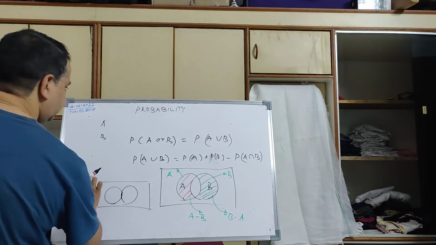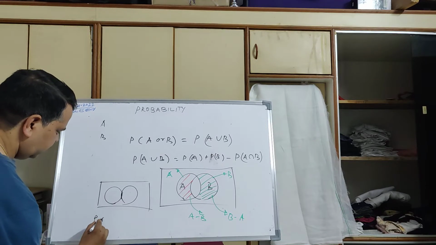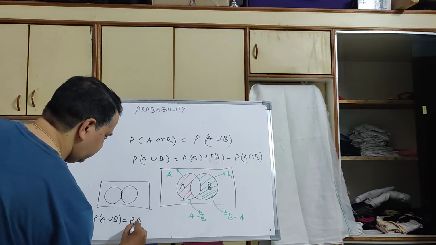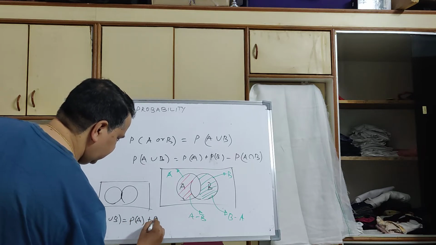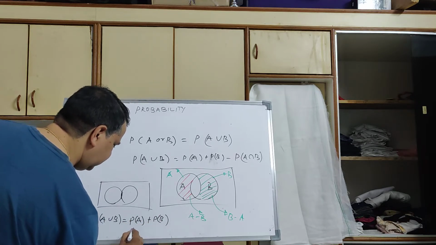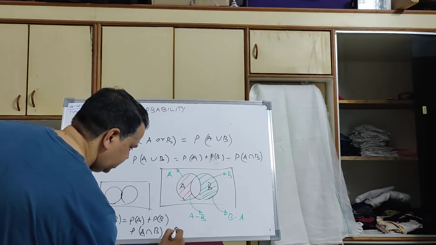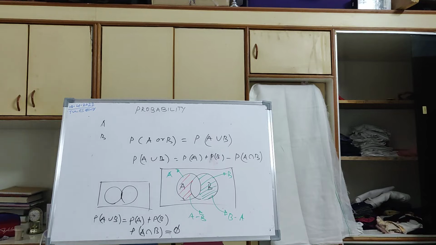So in the case of disjoint sets, the probability of A union B is equal to the probability of A plus the probability of B, because the probability of A intersection B is null. This is also called mutually exclusive. So if A and B are mutually exclusive, then A intersection B is null.